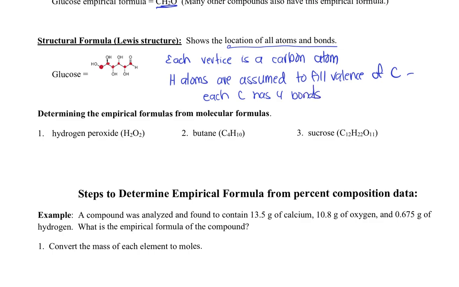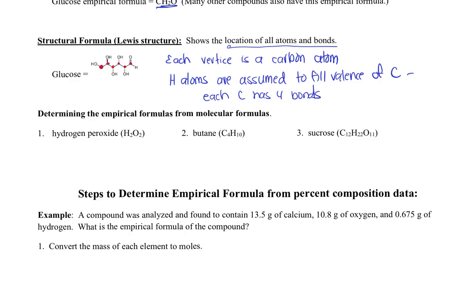And if you do not see 4 bonds to a carbon atom, there are actually enough hydrogens there to make 4 bonds. For example, this carbon atom only has 2 bonds. So there are also, and I can draw them in, 2 hydrogen atoms attached to that carbon. But they are not shown in the Lewis structure in order to simplify it.